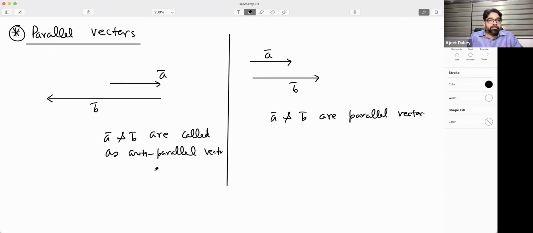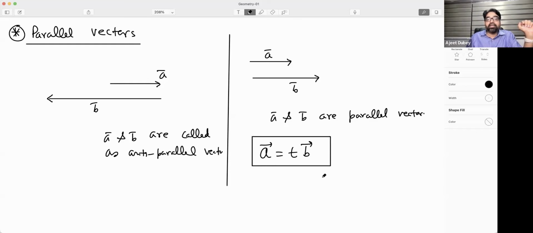Understood, everybody? Yes, sir. If two vectors are parallel, then 100% sure one vector will be equal to some constant, some scalar, times the B vector. The only condition is that here T will be a positive number.